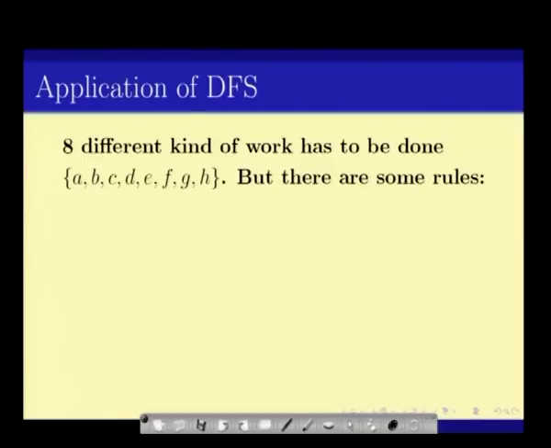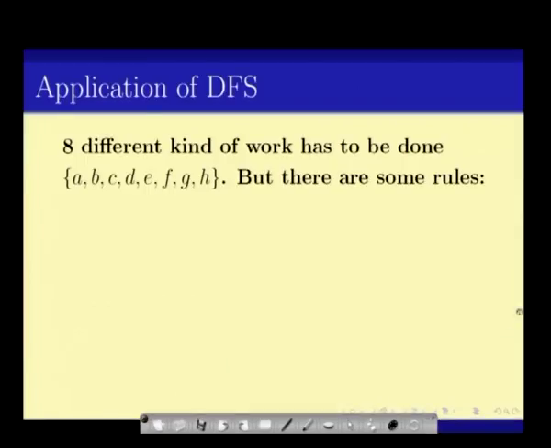But now, this kind of thing has some kind of ordering, correct? For example, you have to brush your teeth before you have your breakfast, or you have to take a bath before you wear your dress, and so on. So, this kind of ordering exists.